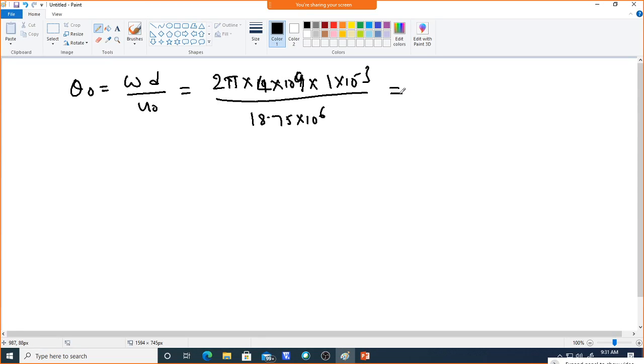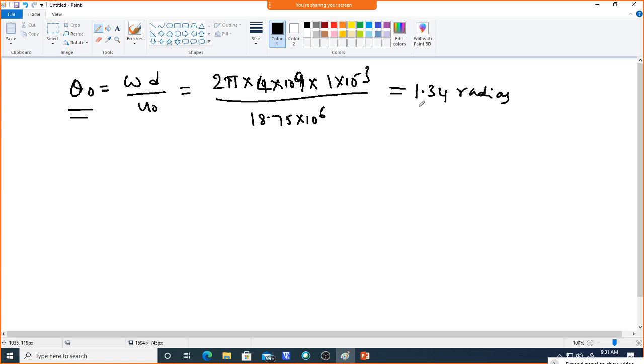So now what is theta naught? Whatever you are getting, this is in terms of radians. You need to convert it to degrees if required. How much is it coming, theta naught? 1.34 radians.